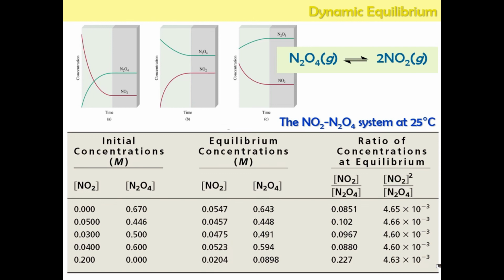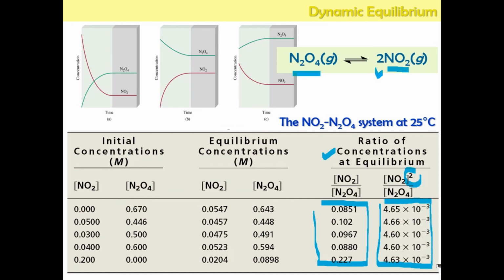If we take the ratio of the concentrations at equilibrium, the concentration of NO2 per concentration of N2O4, referring to the data below, it is here. And one more, using the same ratio but with the coefficient of NO2 as exponent, we get a special value here. It is a constant value.